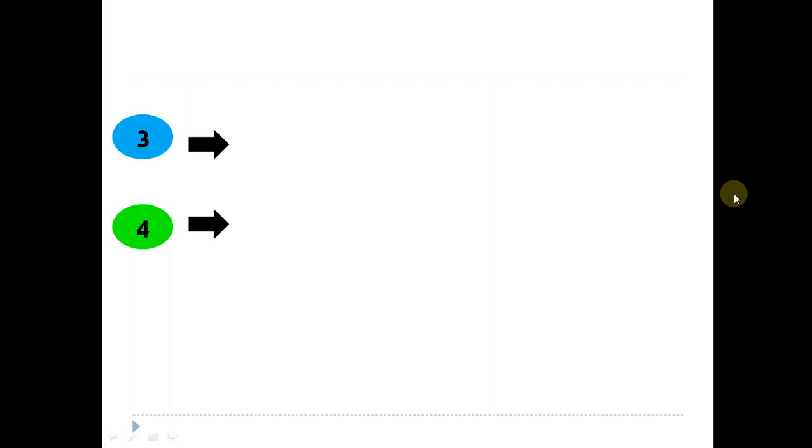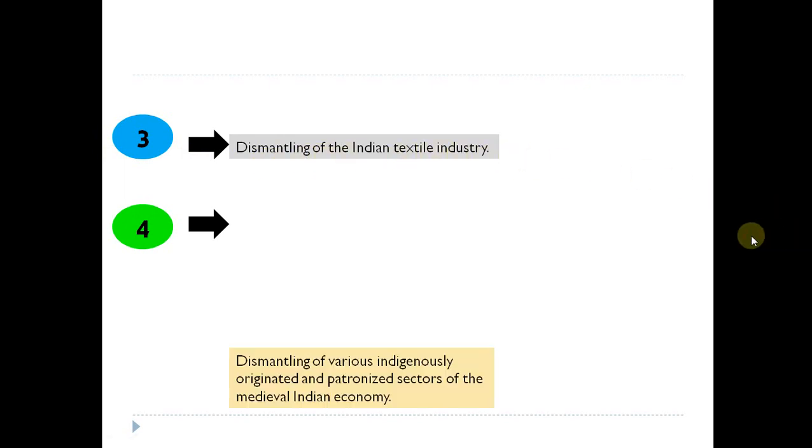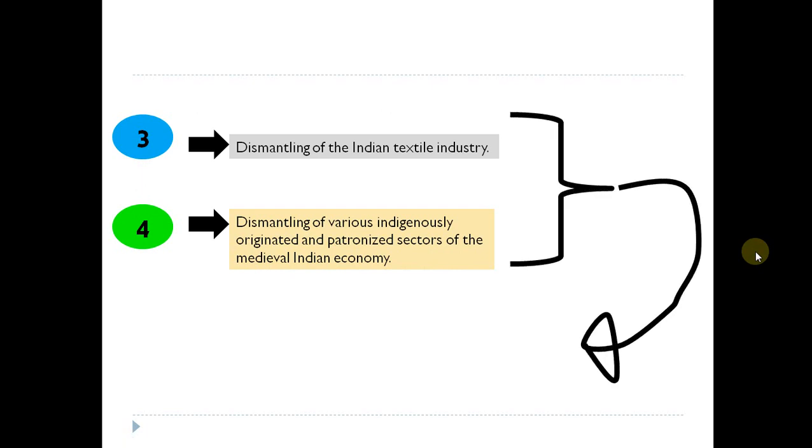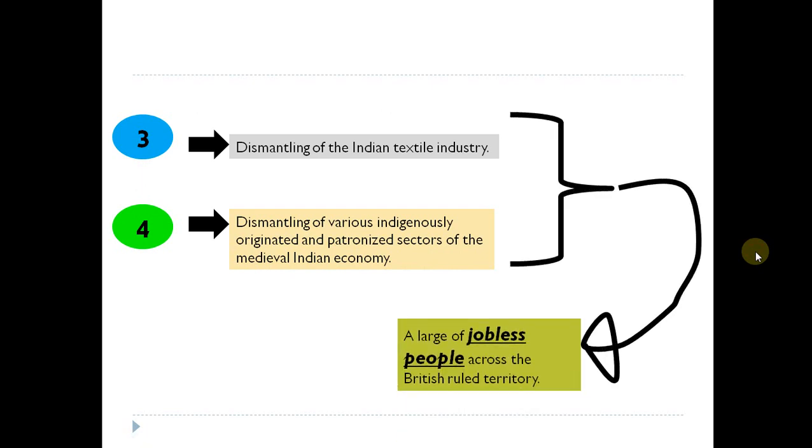Okay, so summing it up. In third, we talk about dismantling of the Indian textile industry. In fourth, we discussed dismantling of various indigenously originated and patronized sectors of the medieval Indian economy. All this resulted in a large number of jobless people across the British ruled territory in India.